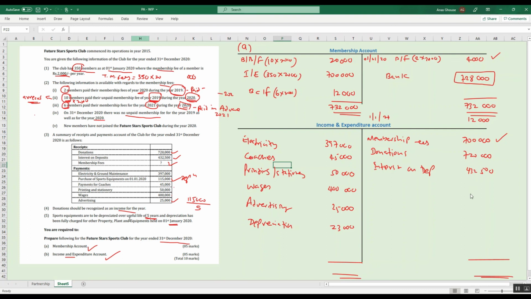If you take the total income, that will be 700,000 plus 720,000 plus 432,500, which is 1,852,500. So therefore there will be a surplus of 912,500. This is the answer for part B.